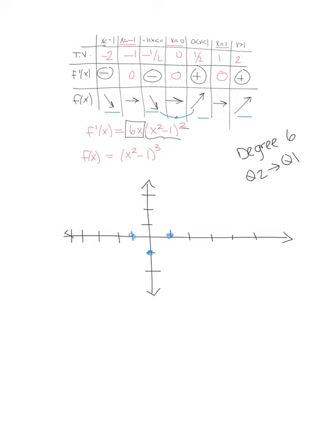Now you'll notice that I wrote up here as well, we recognized that this was a degree 6, and since it was even, it was going to go from quad 2 to quad 1, even and positive, I should say. So we know that it's going to be starting up here.